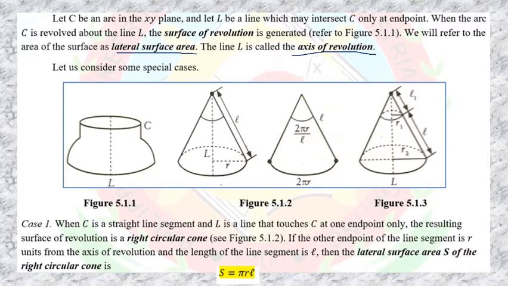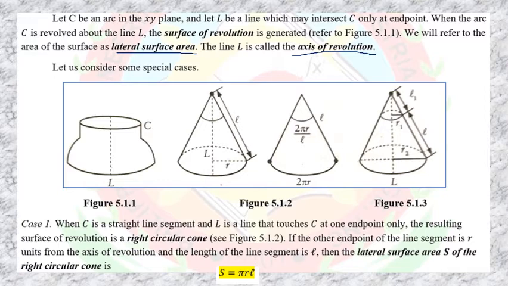Let us consider some special cases. For case 1, class, when C is a straight line segment, and L is a line that touches the arc C at one end point only, the resulting surface of revolution is a right circular cone.